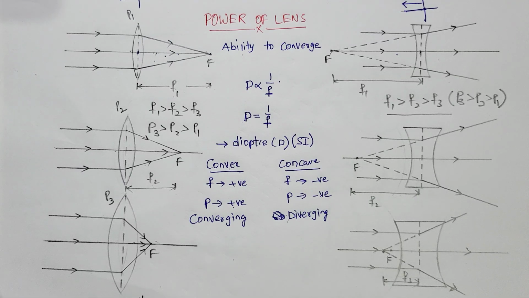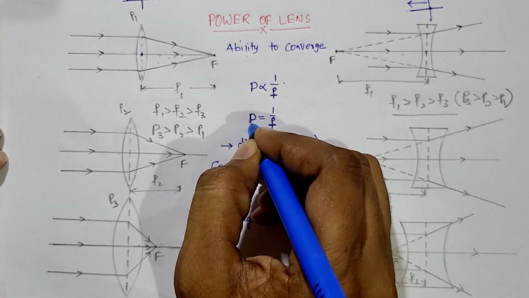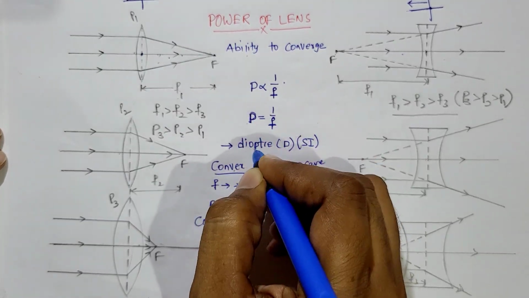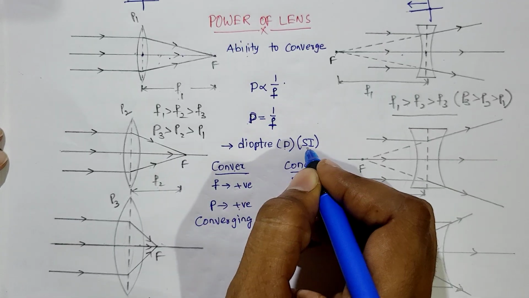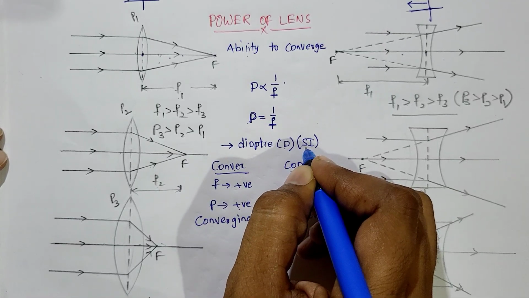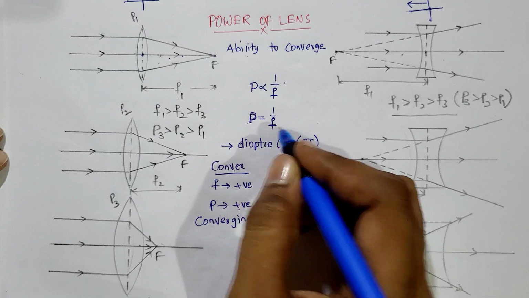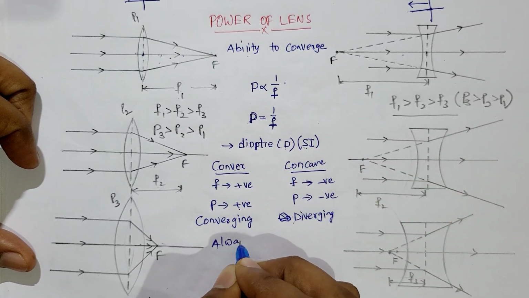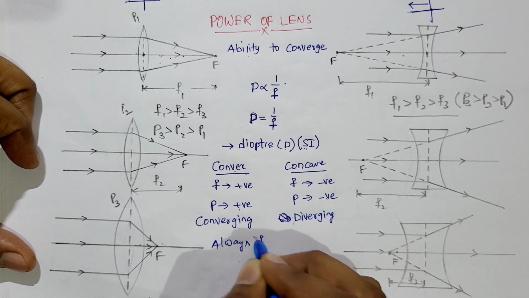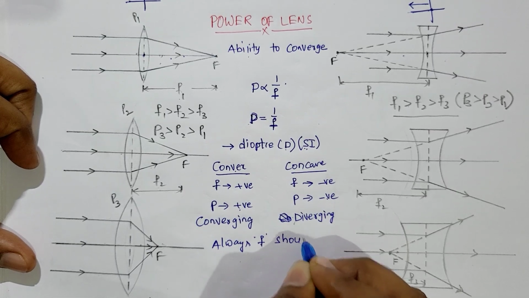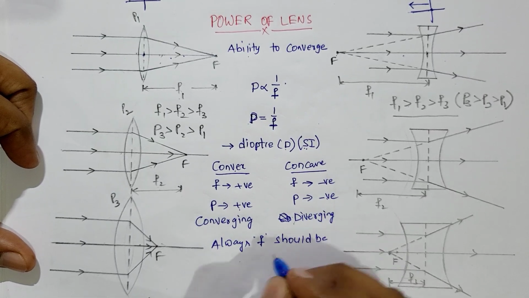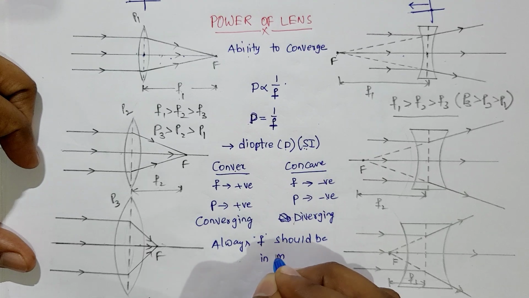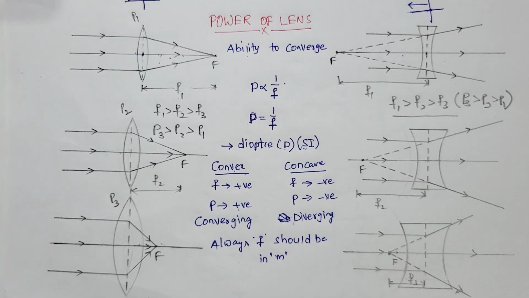Correct? You should know this already. So if we are measuring power in diopter, which is the SI unit of power, then what is the SI unit of focal length? Meters. So always f should be in meters.